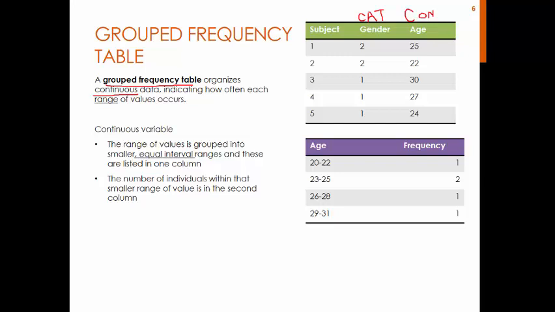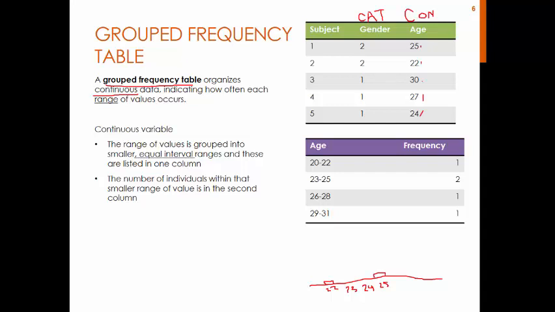Now this data isn't too bad, but if we didn't group them, then we would have to have a bar at 22, a bar at 24, a bar at 25, 27, 30, and so what this would look like is just an x-axis with one frequency for 22 and a big space. There's no 23, there's no 24, there's 25, so we would see another bar there.